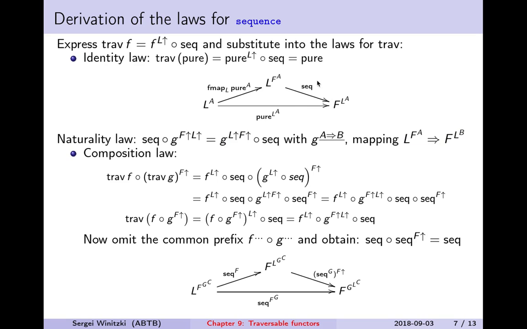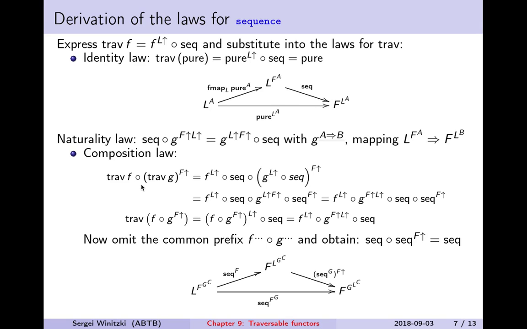And the code for sequence will automatically respect that law if it is a code that is generic in its type parameter A, if we never use any information about the type of A. So usually naturality laws are satisfied automatically by generic code, and so it's not important to check them, but it's important to check the other laws.